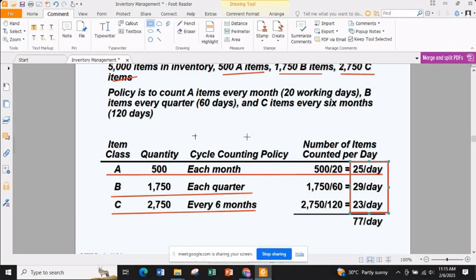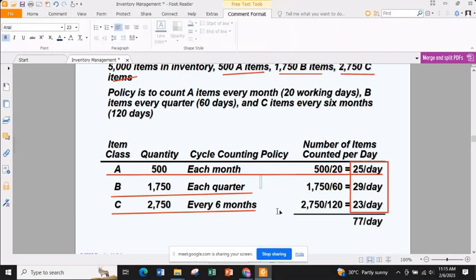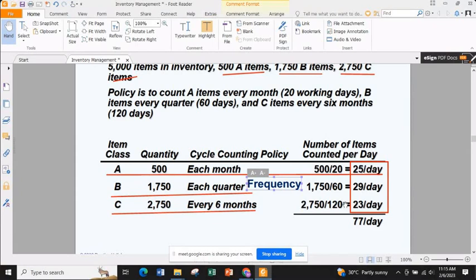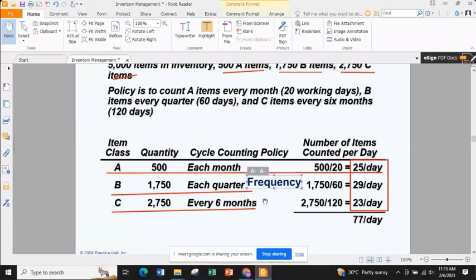You can say your frequency. You can meet almost the same output by controlling the frequency.